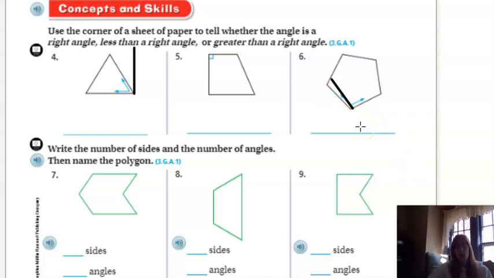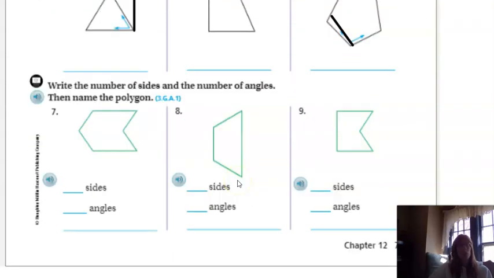Those ones are really hard. Hopefully you turned your book. I can't turn my laptop, but you are able to turn your book and make it into an L, just like right here, an upside down L. If you can make it into an L or the corner of a square, then you have a right angle, and this would be outside the right angle. Some of them are very tricky, so you have to be very careful.